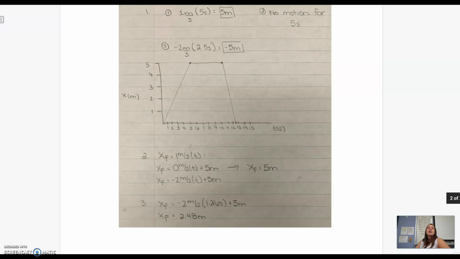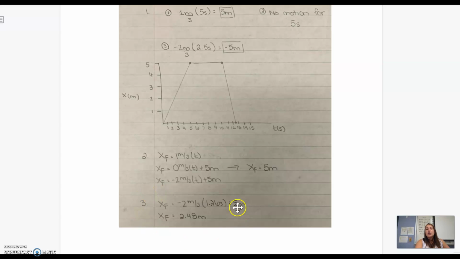Then question 3 says, what is the exact position of the object at 11.26 seconds? Well, 11.26 seconds occurs in section 3. So how long are you actually going -2 meters per second before you hit that given time? You're only going 1.26 seconds.